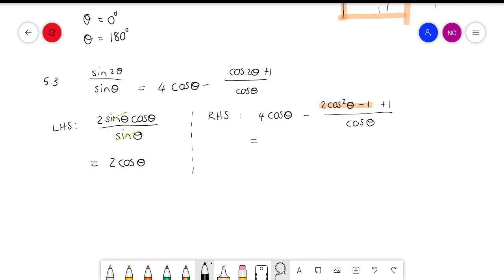Okay. So dan het ons 4 cos theta minus 2 cos kwadraat theta op cos theta. So 4 cos theta minus 2 is equal to 2. Yay!